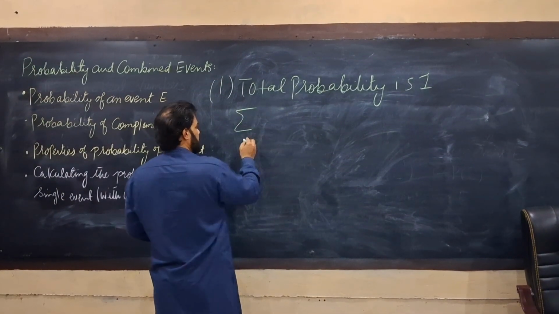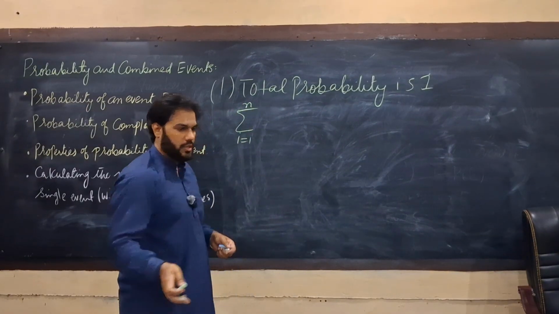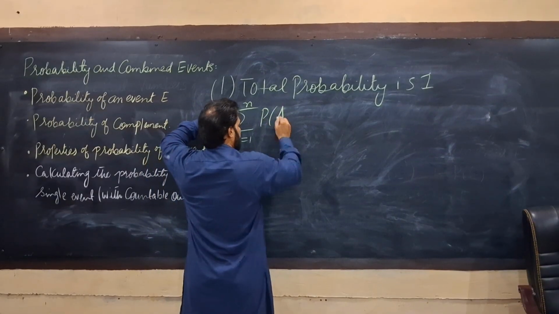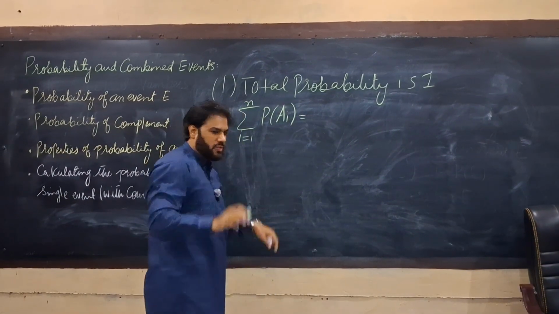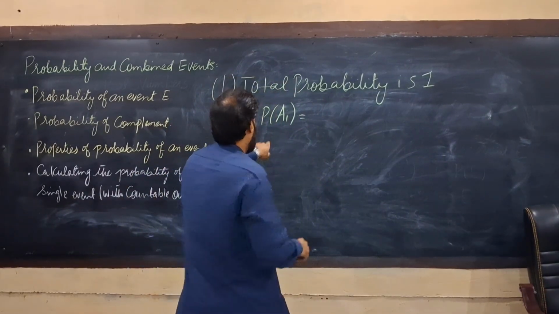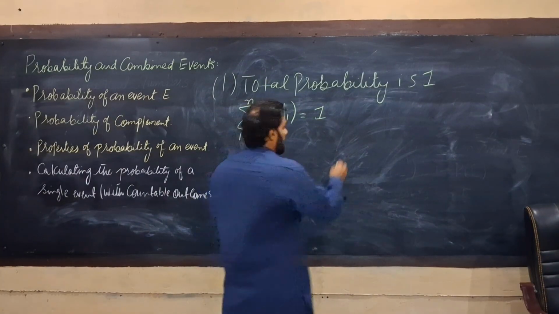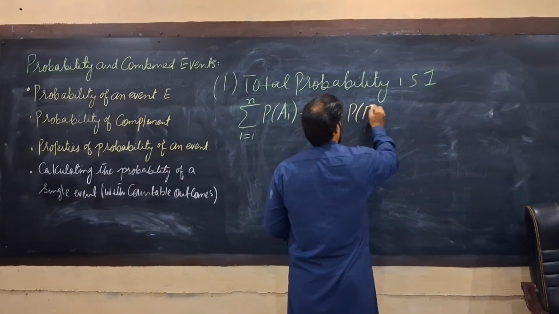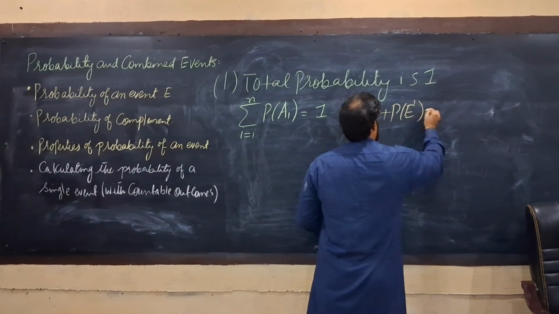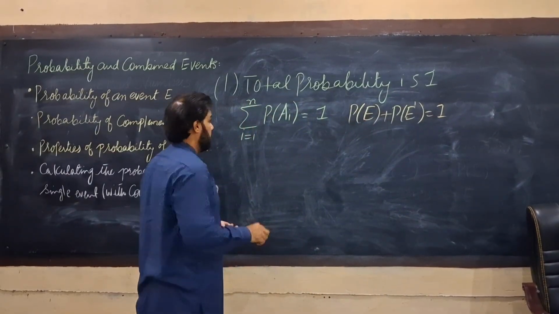In mathematical definition, you can write it as i is equal to 1 to n if the possible outcomes for a sample space are n. Then the sum of the probabilities of all events of a sample space is equal to 1. Sometimes you can also write it as probability of E plus probability of its complement is equal to 1. So this is the first property of probability.